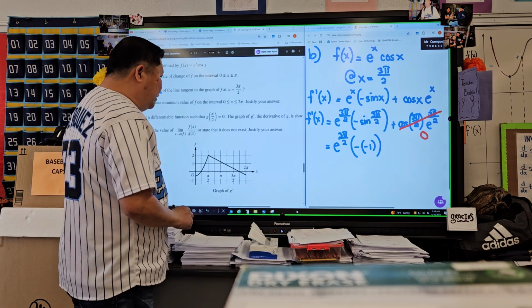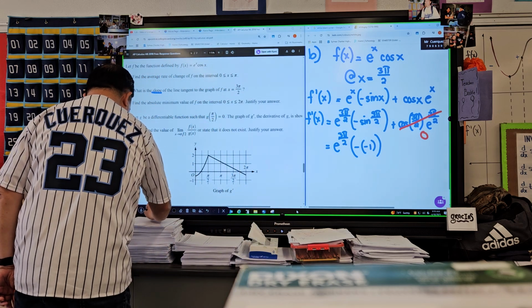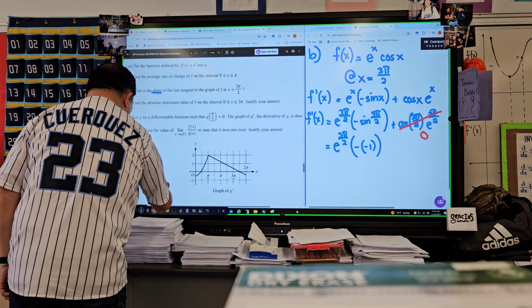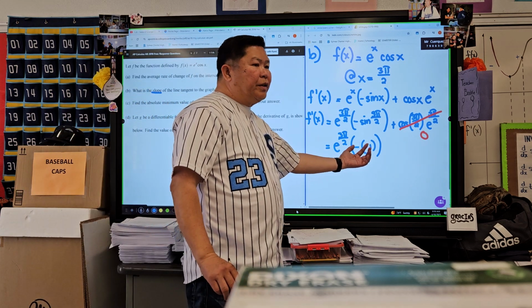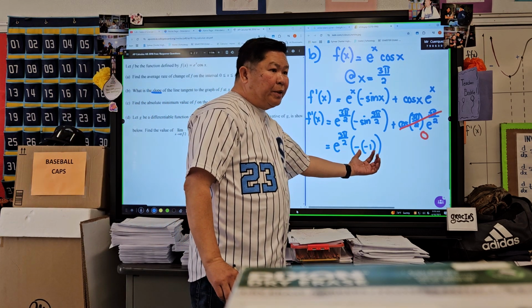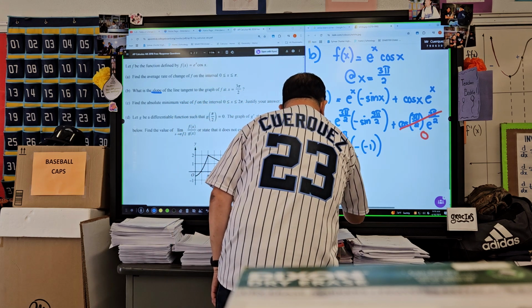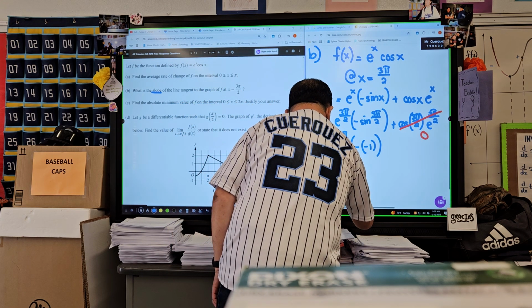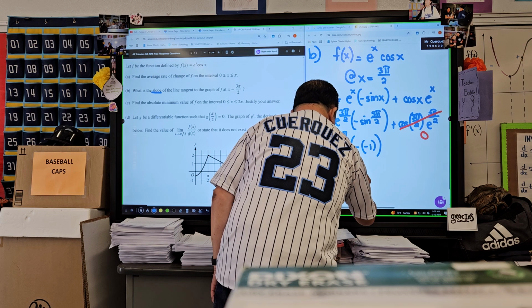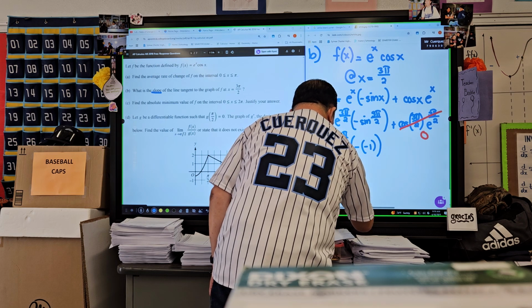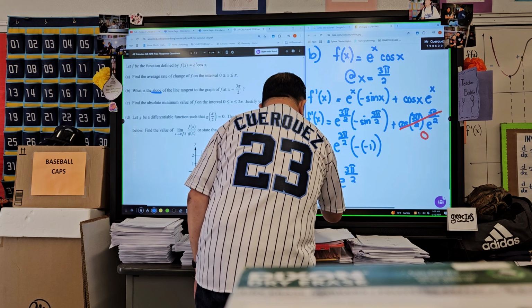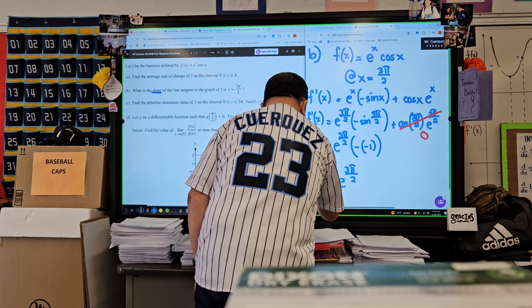Clear? So what is our final answer? This becomes positive, so our final answer would be e to the power of 3 pi over 2. So this is f prime of x.